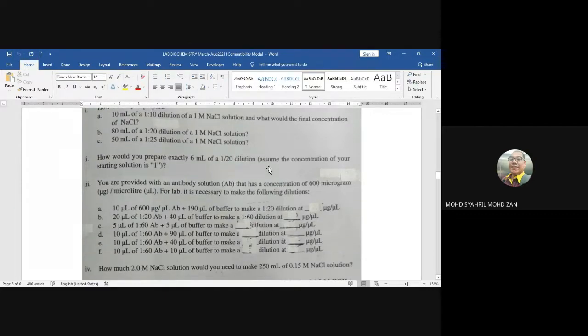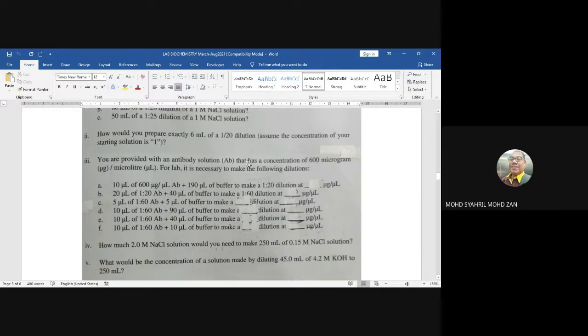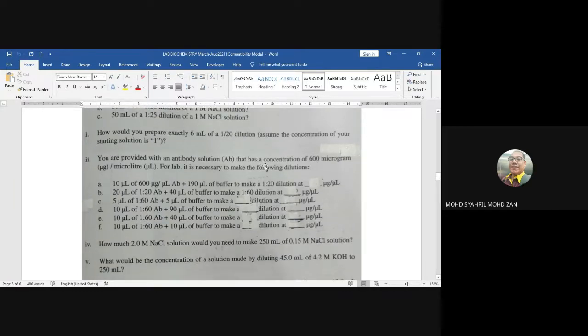Number 2, how will you prepare exactly 6 ml of a 1 divided by 20 dilution? For this one you have to assume that the starting solution is 1. Number 3, you are provided with an antibody solution. Antibody kita letak singkatannya AB, that has a concentration of 600 microgram per microliter.